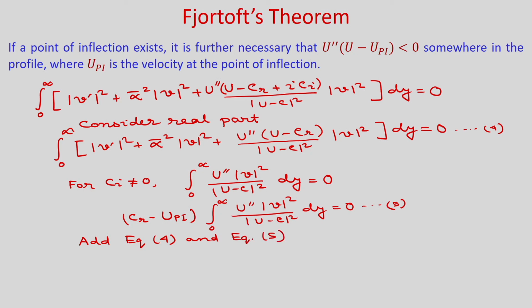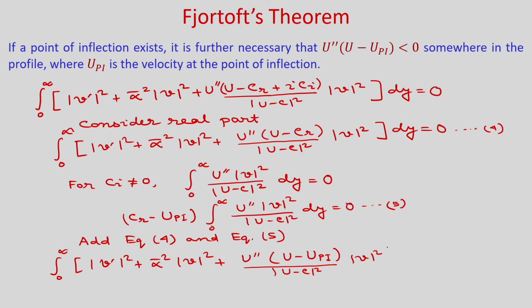Okay. So, you can see what you will have. If you add these two equations, so here Cr is there, here minus Cr is there, and the other terms are same. So, this will get cancelled and you will get integral 0 to infinity mod v prime square plus alpha bar square mod v square plus, now you can see here you will get u double prime (u minus UPI) divided by mod u minus c square, mod v square dy is equal to 0.